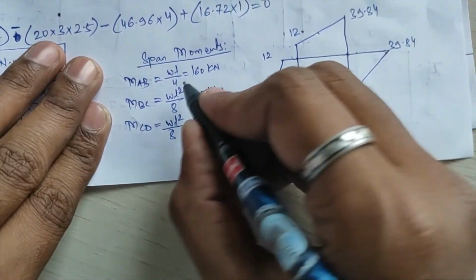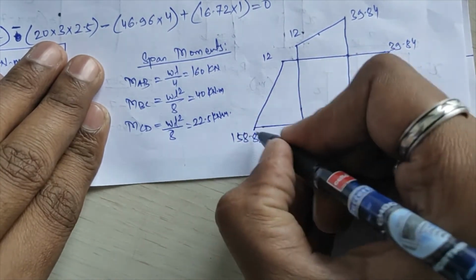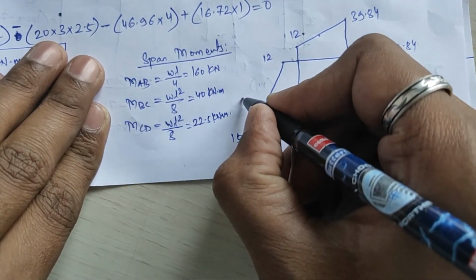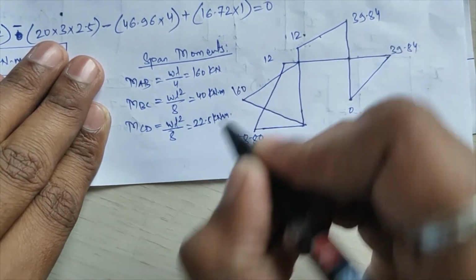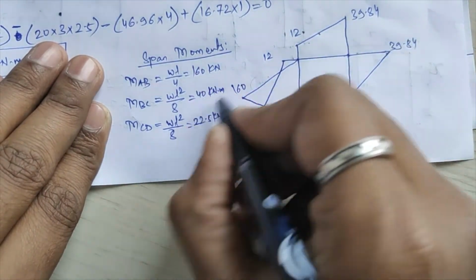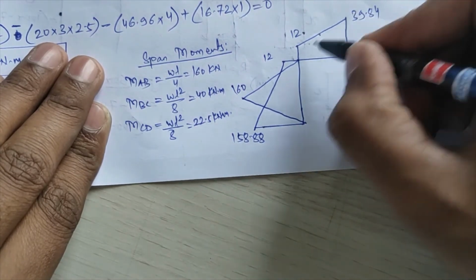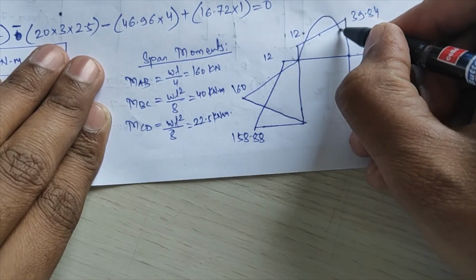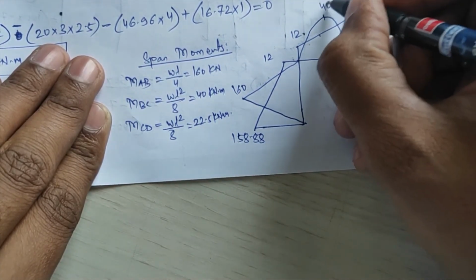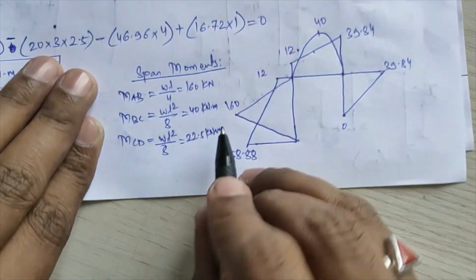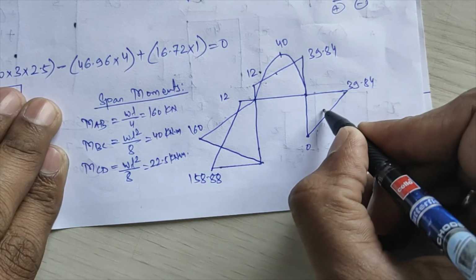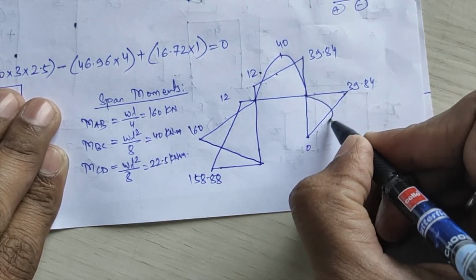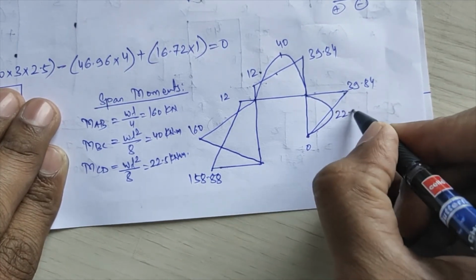Okay, so I'll plot this 160 point load at the center, greater than this 158, somewhere here it will be. This is my 160. Next here for UDL I am getting 40, so greater than this 39 here. And the last value I am getting is 22.5, again UDL, so somewhere here it will be 22.5.